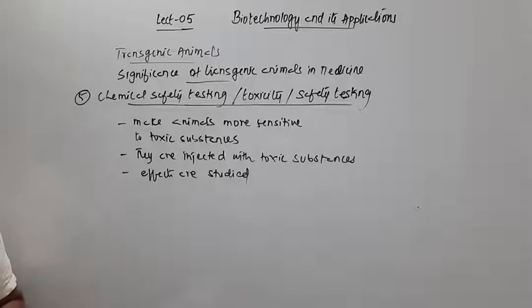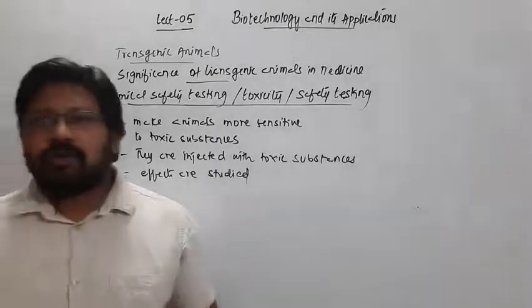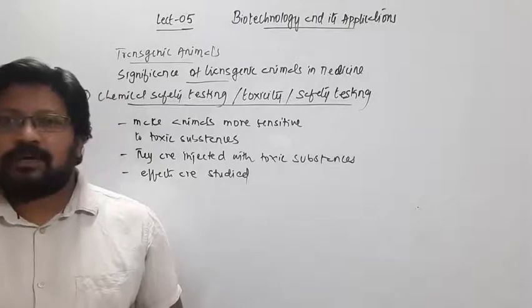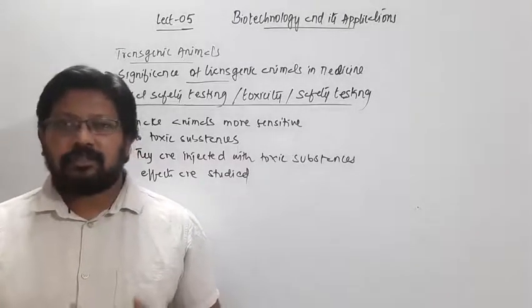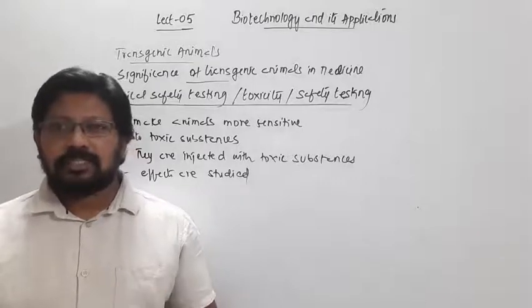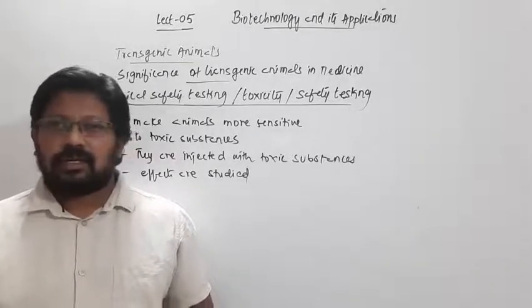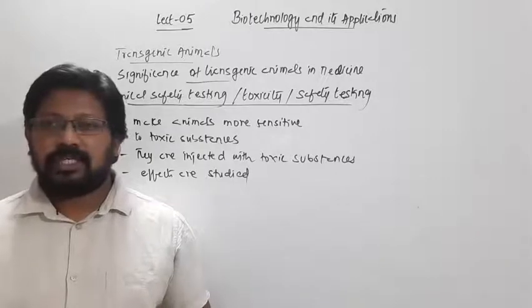What will be their lethal dose? Lethal dose means at what concentration, if something is taken, it results in the death of the person or death of the organism. In mice, what is the lethal dose, and in human beings, what will be the lethal dose.